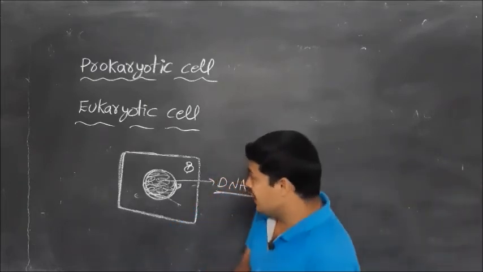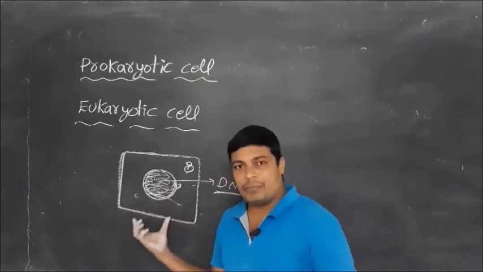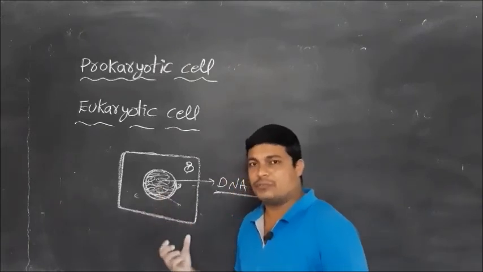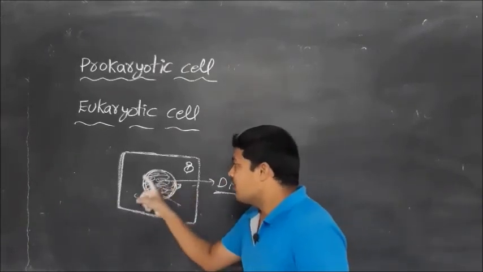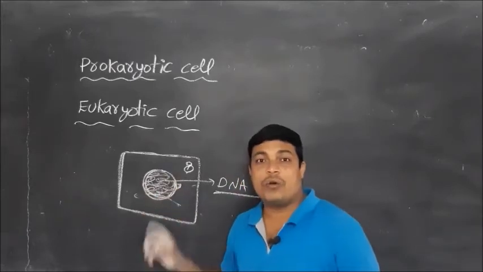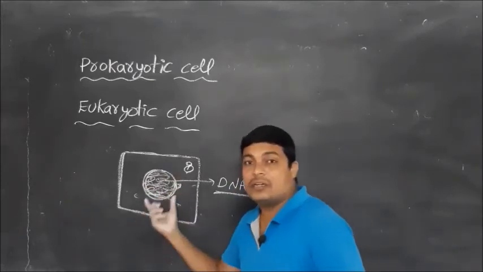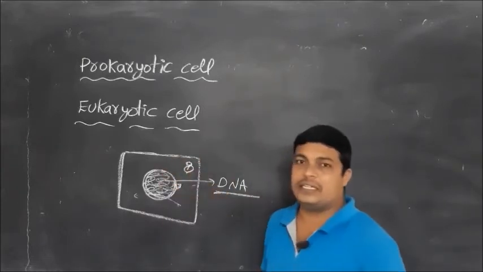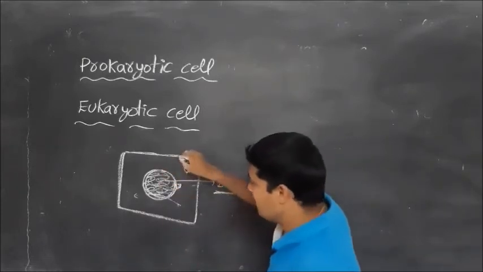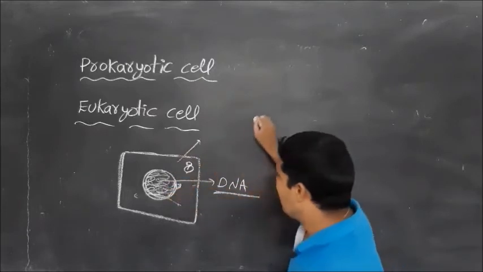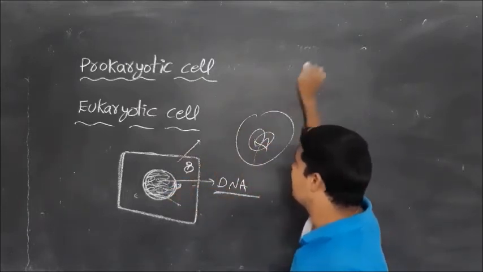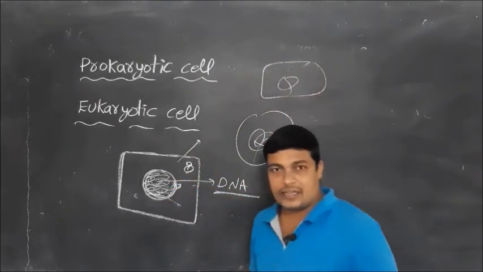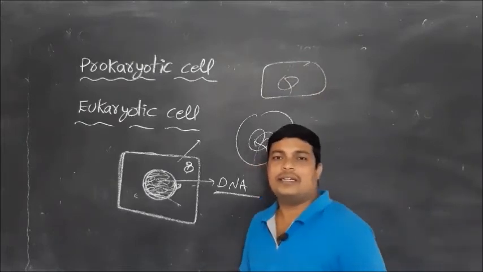So, that is why here also, inside the cell, in plant cell and animal cell, whatever it may be, the nucleus is the location of the DNA. Nucleus is a chamber of the DNA. It means plant cell contains the DNA, animal cell contains the DNA, bacterial cell contains the DNA, and all kinds of cells contain the DNA.